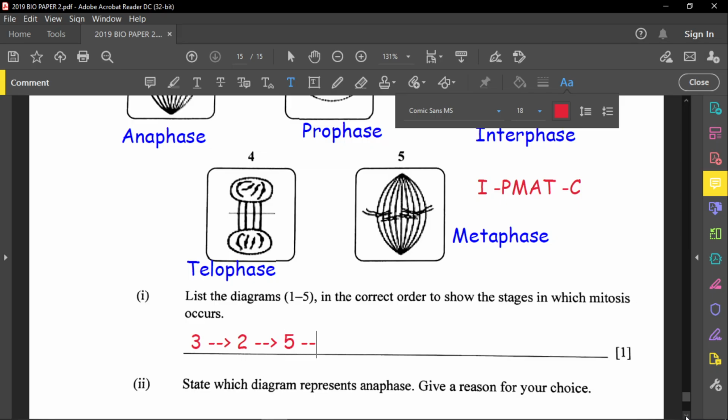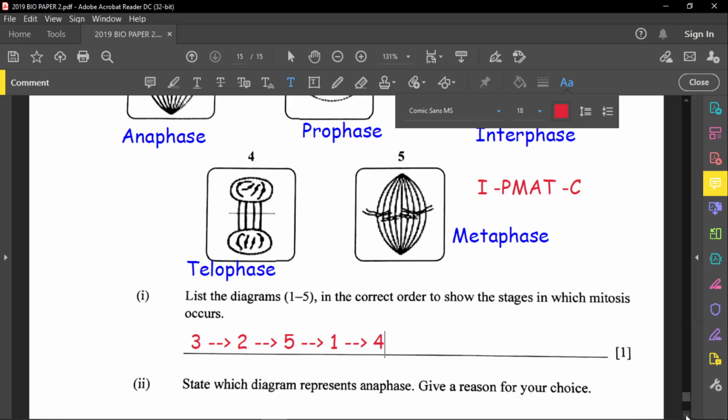And then after that, we will jump into number 1, which is the anaphase. That's number 1 there. And then I'll jump into the last phase here, which is number 4, which is the telophase. There's no cytokinesis showing right here now. So after 1, then we go into 4. Okay, so that's the order: 3, 2, 5, 1, and 4.